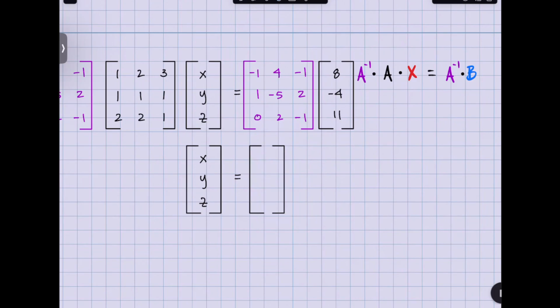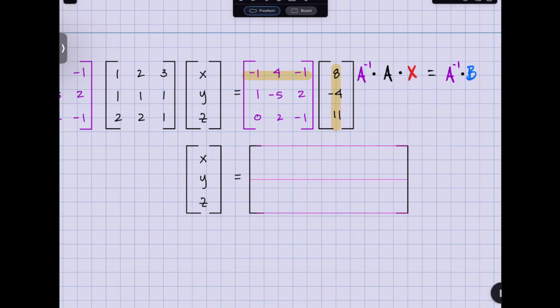How do I multiply these two? First row by first column, is that what you said? So you're saying this times this? So let's write this out. And then we add them?